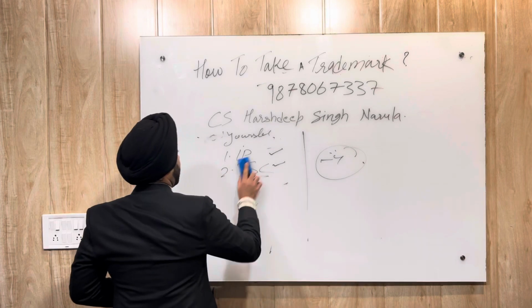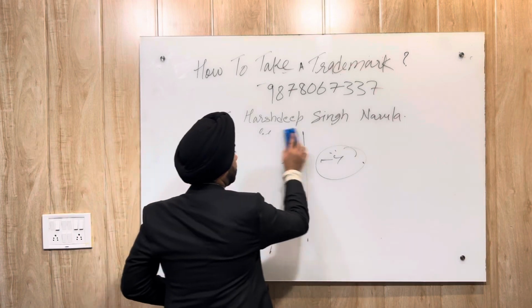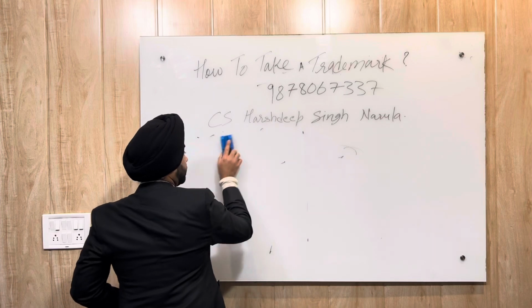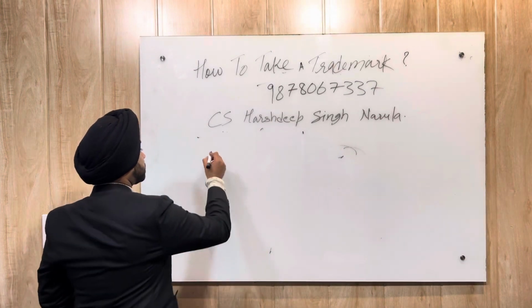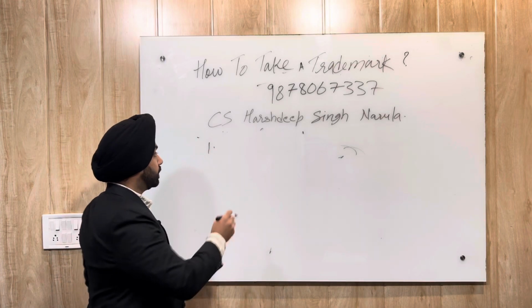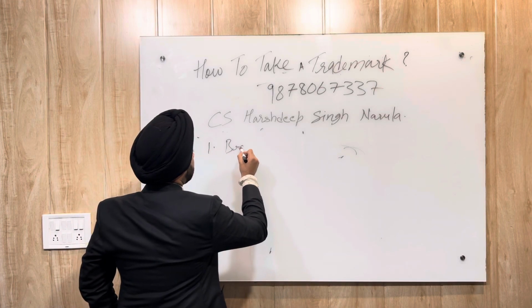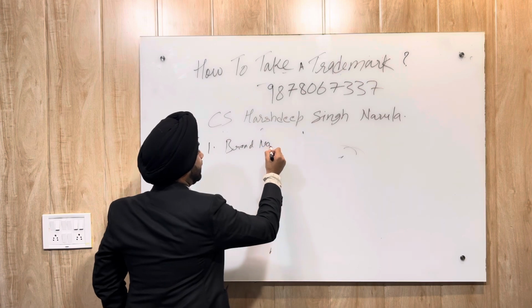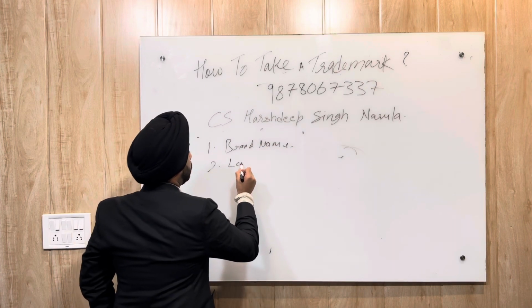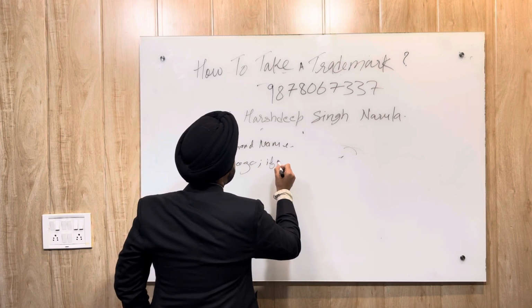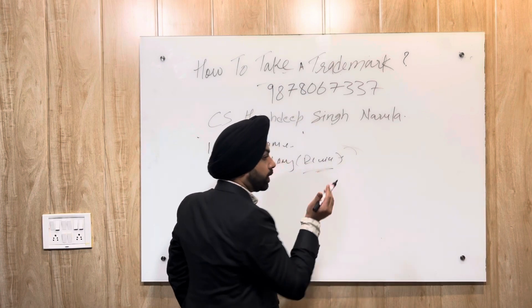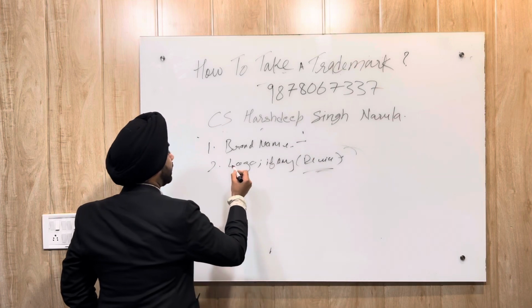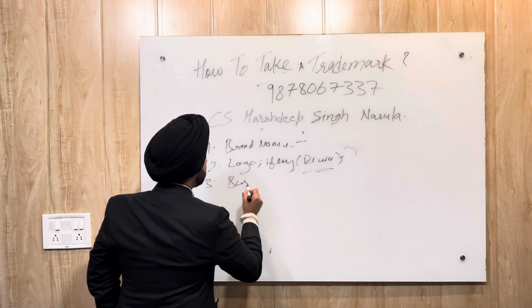Then I'll tell you which documents are required. You have to give your brand name and logo, if any. Why do I say logo, if any? Logo is not compulsory. Logo means device in our trademark language. You have to give your brand name, your logo, and your business objects.